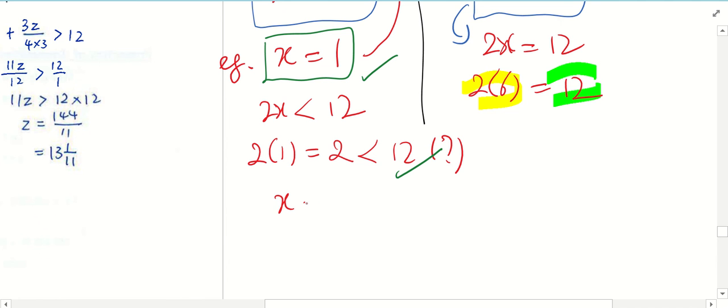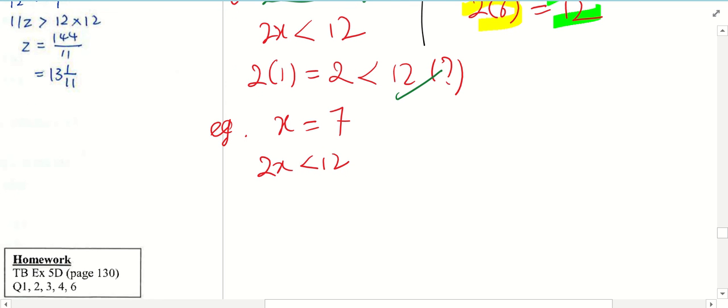If I choose x equals 7, for example, then I substitute back into the inequality, 2x is smaller than 12. Let's see what happens. 2 times 7 equals 14. Is it smaller than 12?